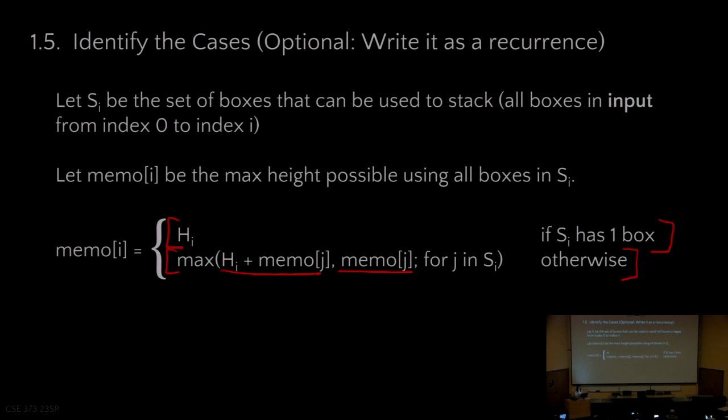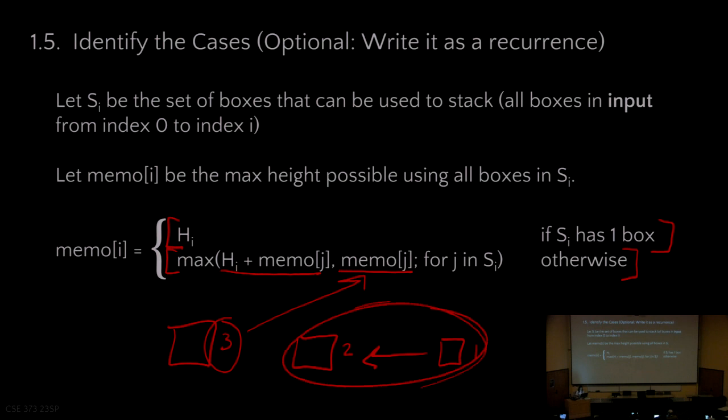The other thing is, memo j can be anything in the set. So let's say that you have this box here, which has a height of 3, and this box here has a height of 2, and then the current box has a height of 1. And then let's say that this box can only be stacked on top of this box. But then this is the max height here, right? So then this is not going to override this one. Any other questions?